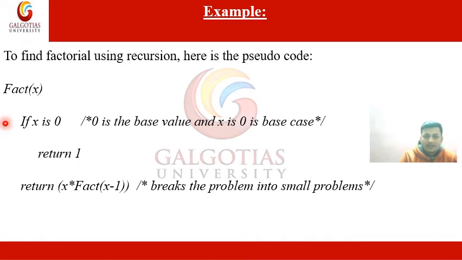Suppose x is 5, so fact of 5 is 5 into fact of 5 minus 1, which is fact of 4. Fact of 5 is a fact of an integer, and fact of 4 is also a fact of an integer. So it is a recursive type problem.